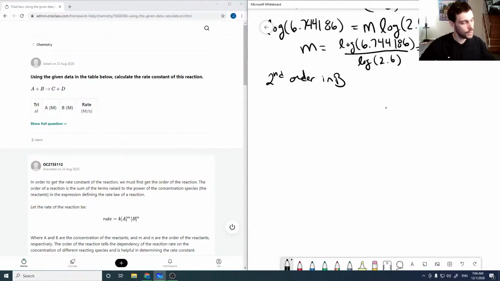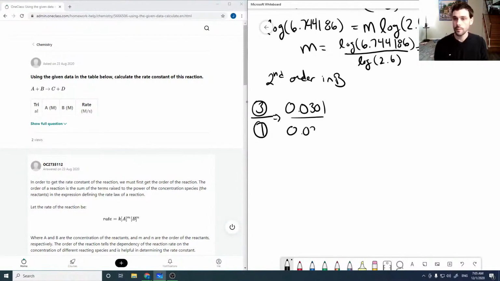And so just doing that now. So 3 divided by 1 is 0.0301 over 0.0215, which is equal to, I guess I should write them out completely.